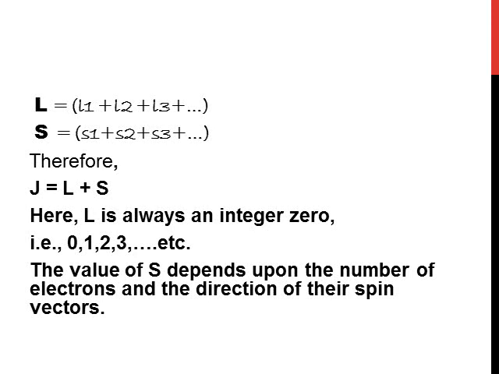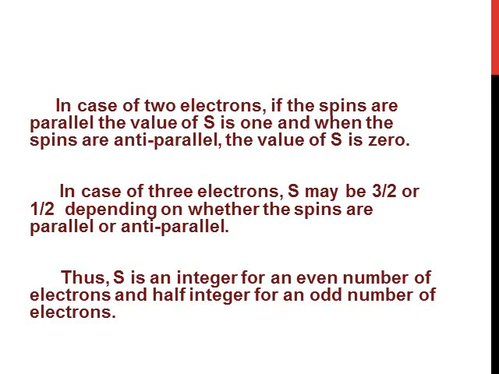We know that every electron revolves around the nucleus and it spins also. So each electron possesses two angular momenta: one is orbital angular momentum and the second one is spin angular momentum. Here L is always an integer, that is 0, 1, 2, 3, and so on. The value of S depends upon the number of electrons and the direction of the spins.